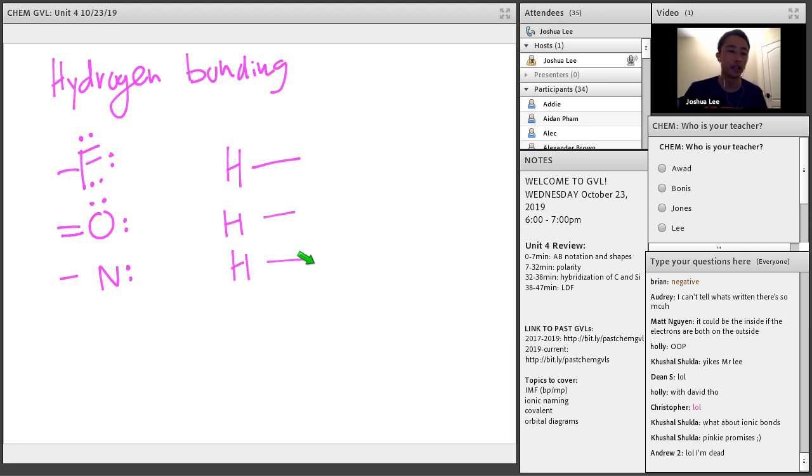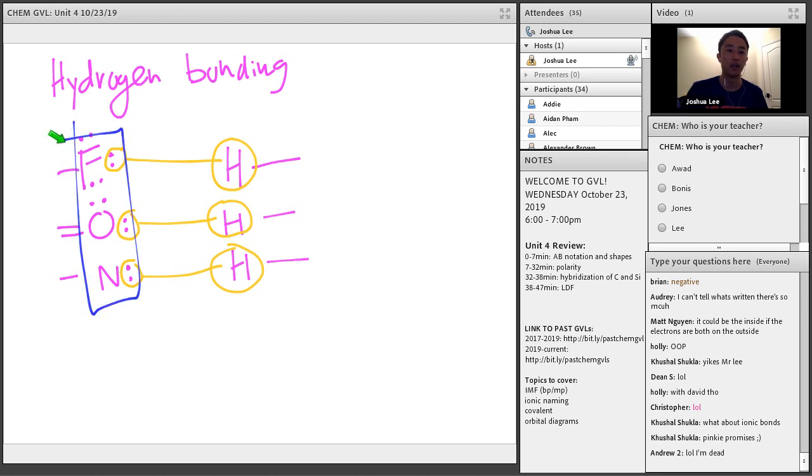Then the interaction is actually between the lone pair and the hydrogen. So it has to be between these three elements and a hydrogen.